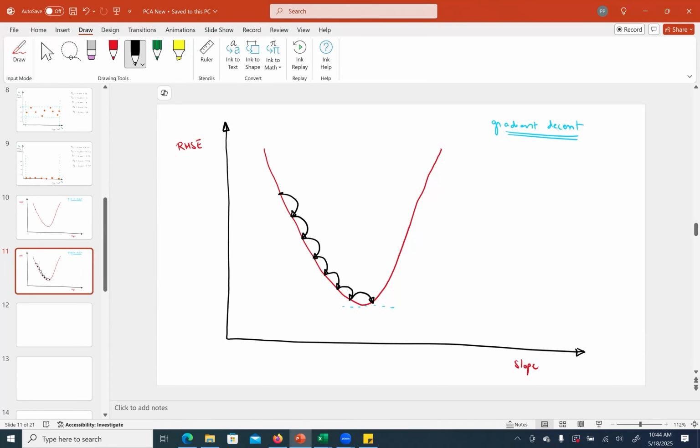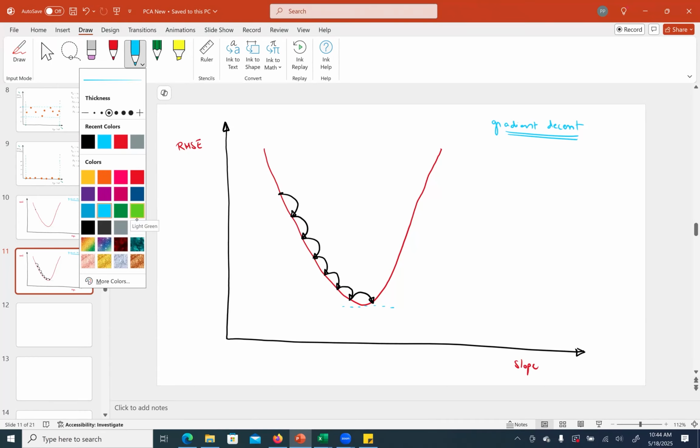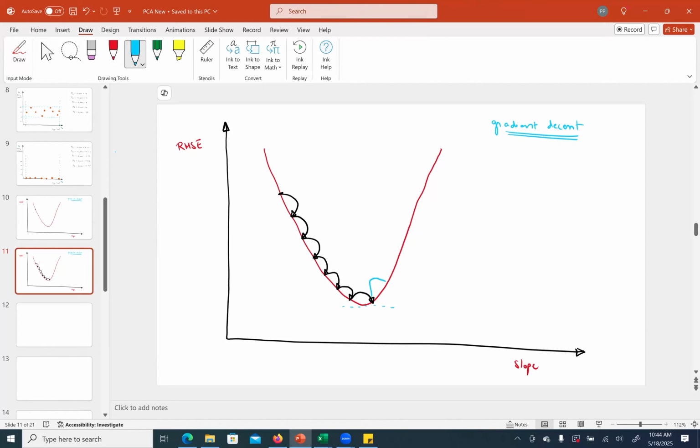Now, if I do one more iteration, what will happen? Error will increase. Error will increase with one more iteration. That's how my model will know that I should not do any more iterations, because more iterations are leading to high error. Clear till this point?